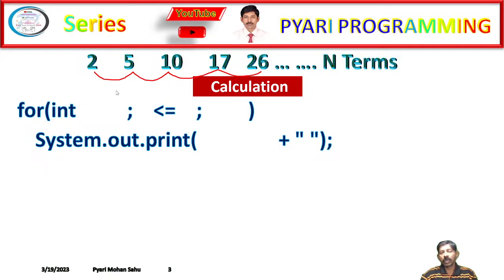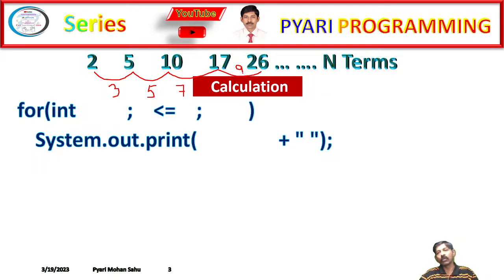The gap between the first two values is 3, here it is 5, here 7, and here 9.